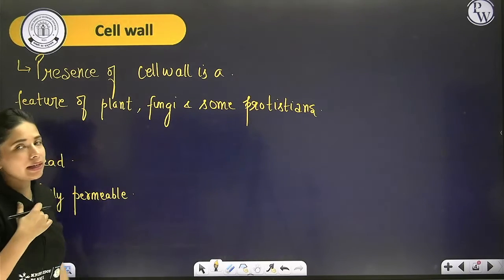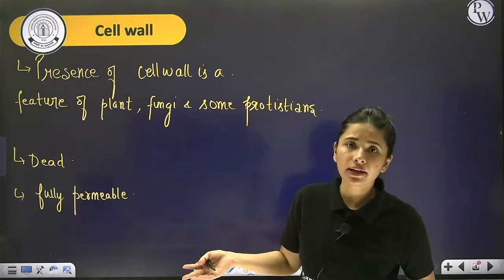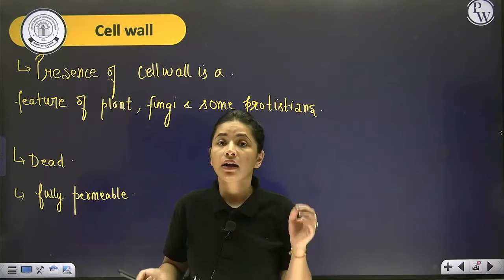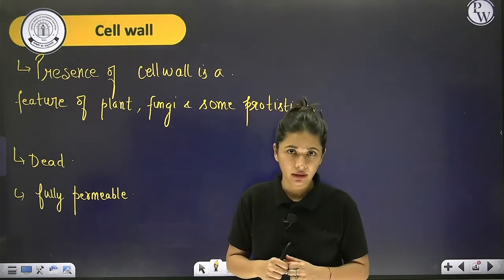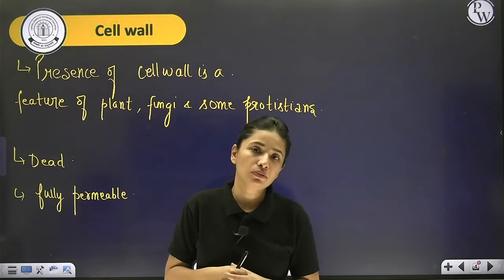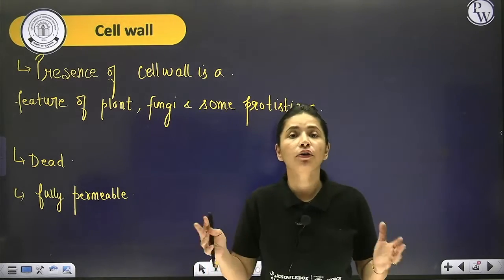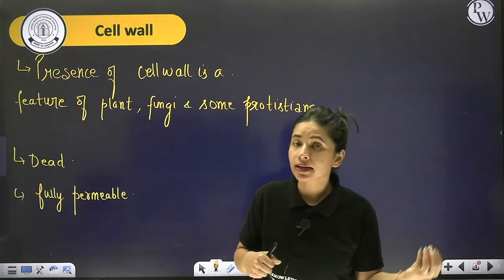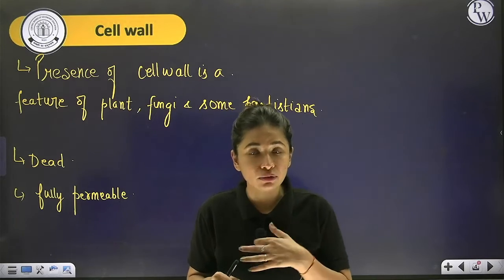Now when we talk about what this layer is made up of, like you have seen in the case of bacteria, beta, this layer is uniquely made up of peptidoglycan, murein. However, in the eukaryotic cell wall, there are different compositions depending upon the type of the cell. Like the fungal cell wall is made up of chitin, which is a polymer of N-acetyl glucosamine.